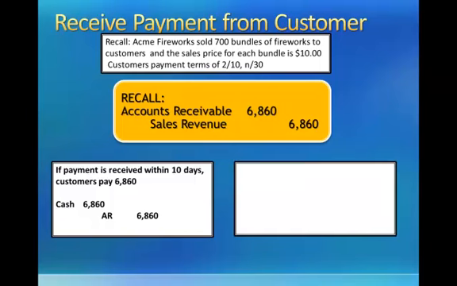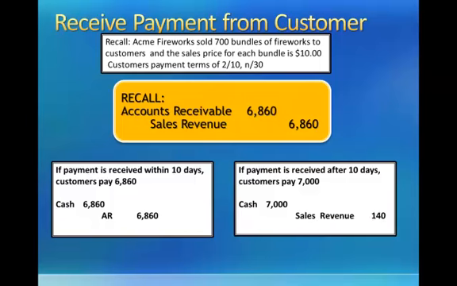However, if the customer pays after 10 days, the customer will pay the full price without the discount, which is $7,000. That means we'll increase cash by $7,000 and decrease accounts receivable by only $6,860. Since the customer paid us more than we originally put into sales revenue, we're going to increase our sales revenue by $140.